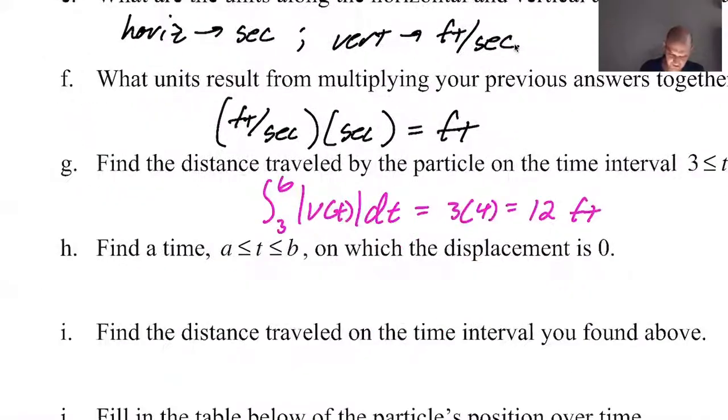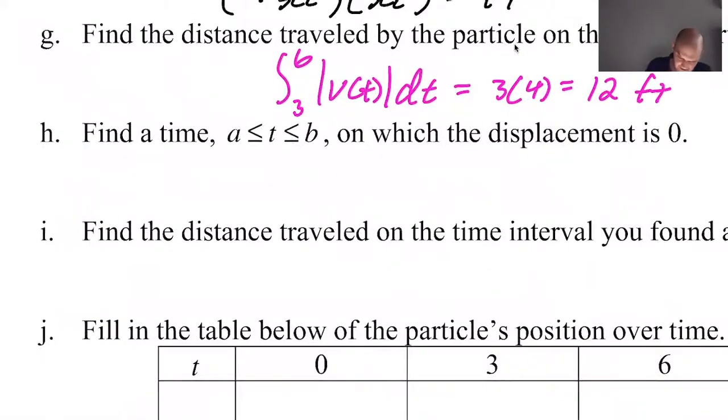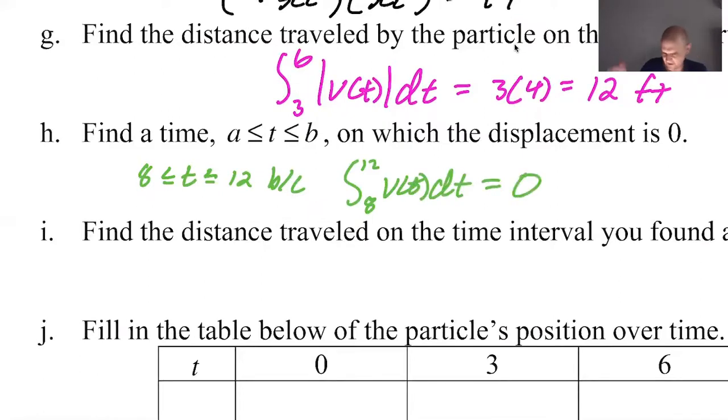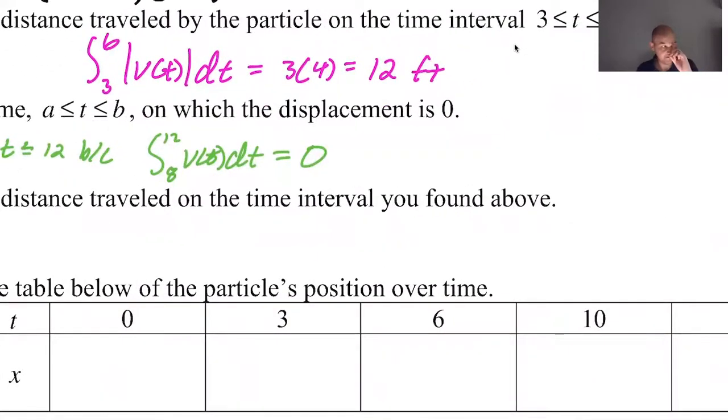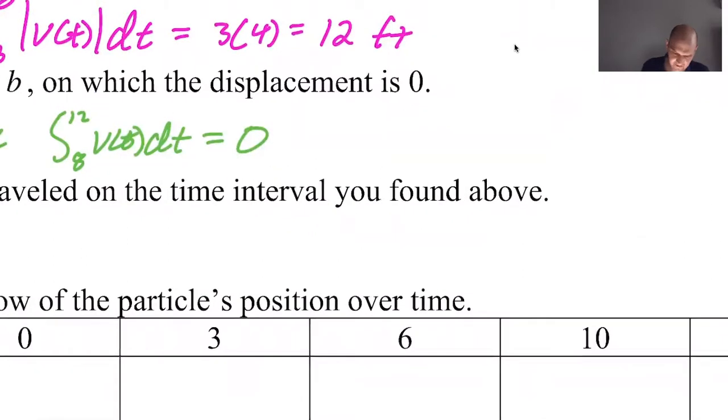You can actually do a weirder thing. I'm going to say 8 to 12 because the integral from 8 to 12 of v of t dt is equal to 0. That's fine. But let's try this, a fancy pants answer.